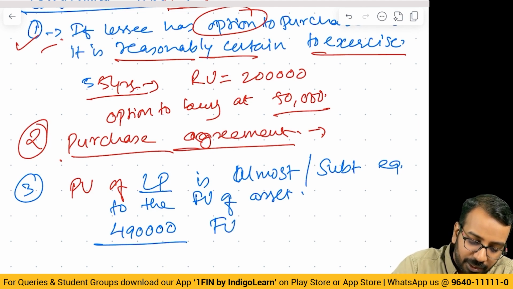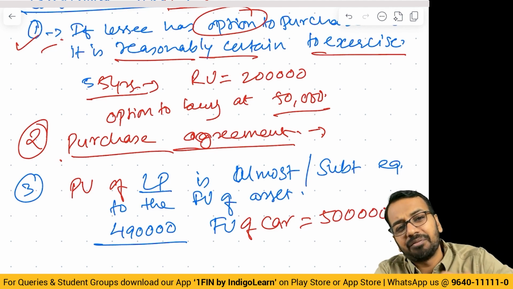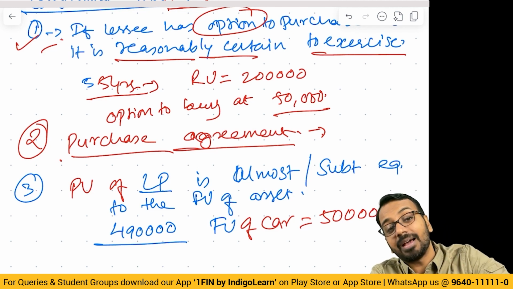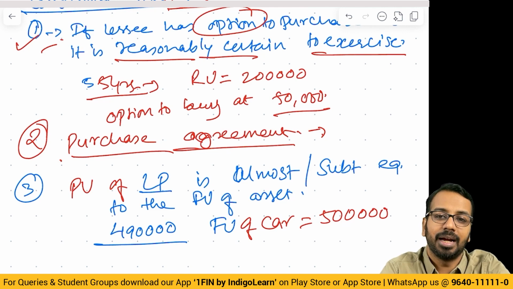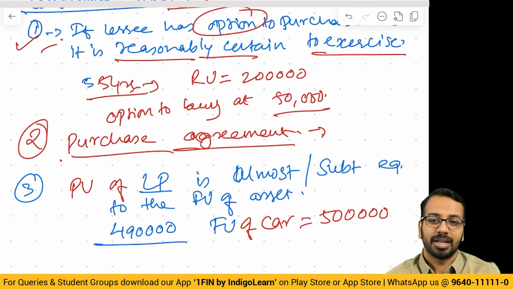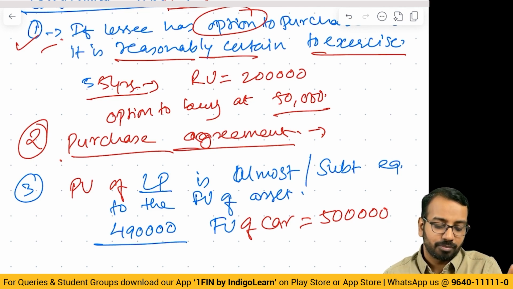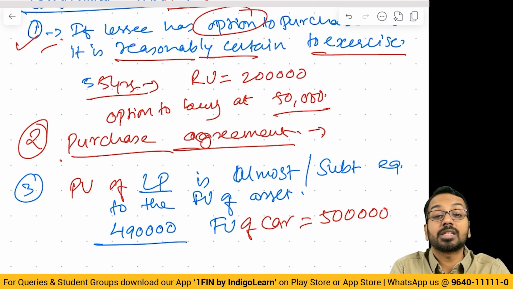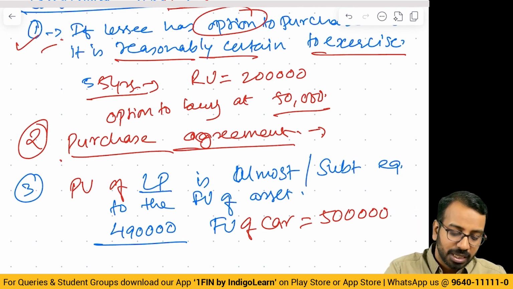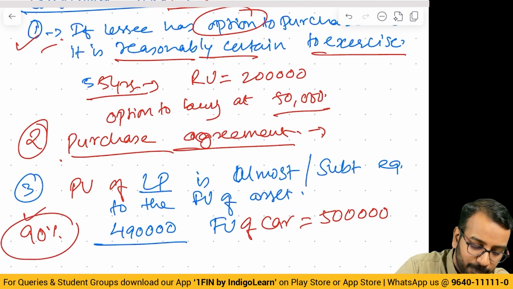The fair value of the car today is 5 lakhs. If I have almost paid the entire fair value of the car over the lease period, would I not have gone out and purchased the asset itself, right? So I am looking at it from an owner's point of view, because the difference is only 10,000. So if I substantially pay the fair value of the asset in present value terms, that also becomes a finance lease. The threshold criteria is 90%.